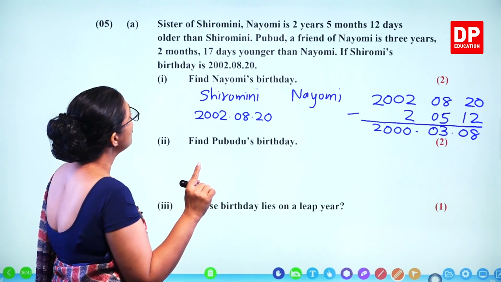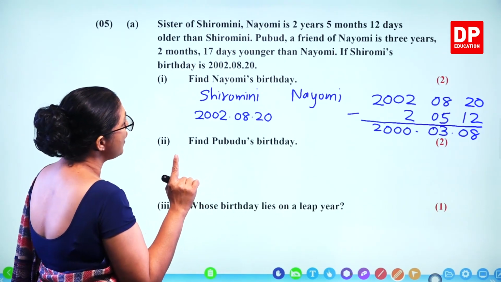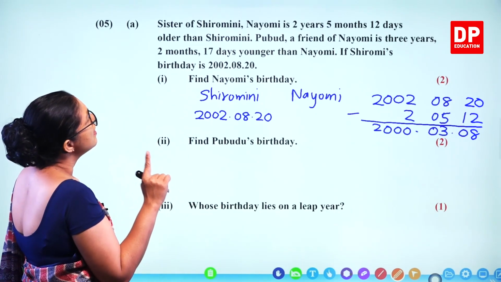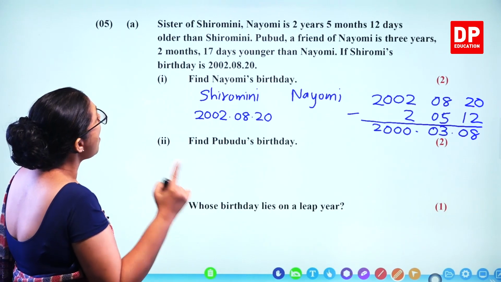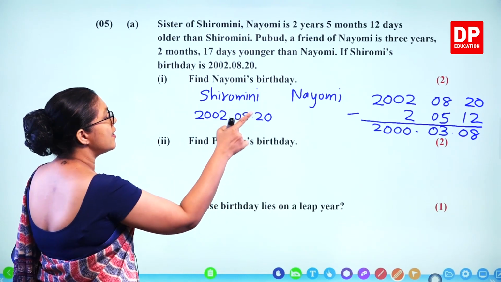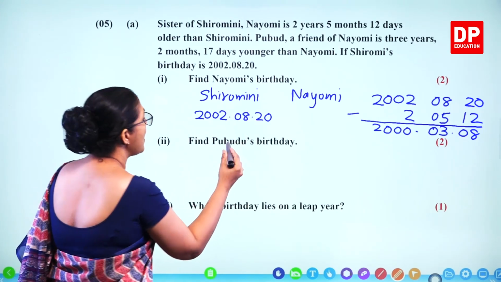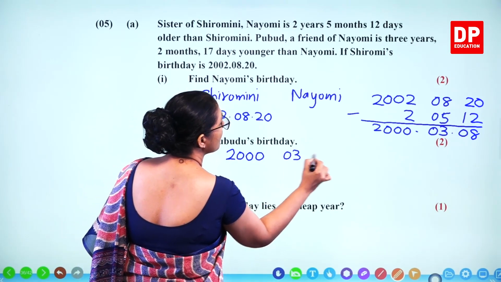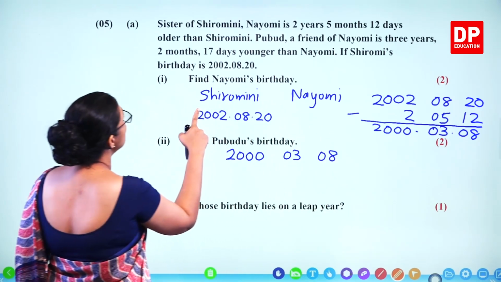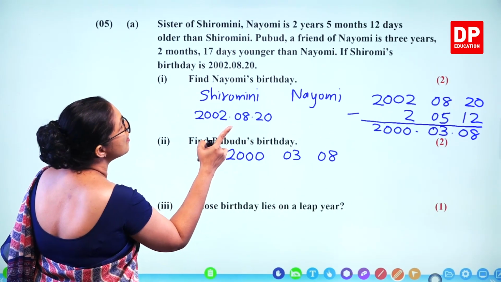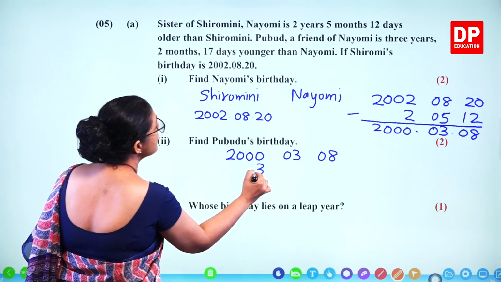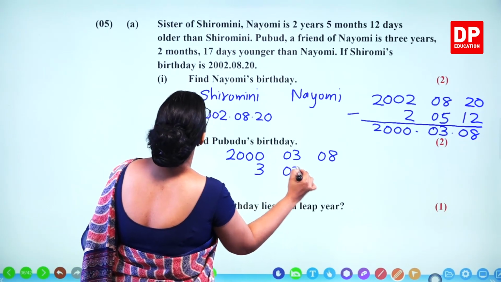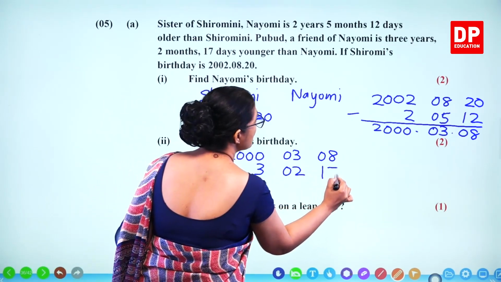Find Pubudu's birthday. Now you have to think about Pubudu. Pubudu, a friend of Naomi, is 3 years, 2 months, 17 days younger than Naomi. Now younger than Naomi means we have to add. We have to add 3 years, 2 months and 17 days for that.